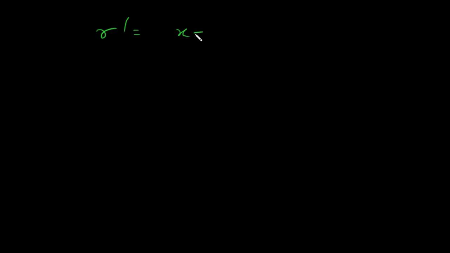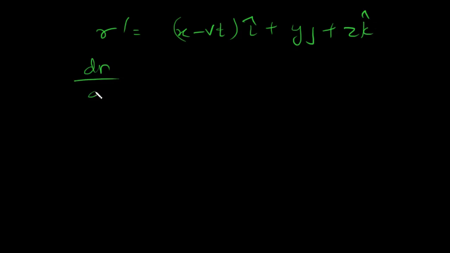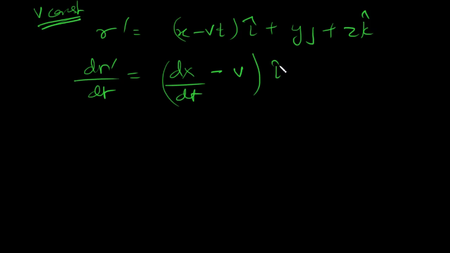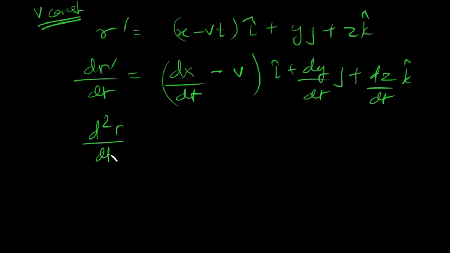So what would be dr dash by dt? I have assumed v as constant. So this would be dx by dt minus v, and this would be i plus dy by dt j plus dz by dt k. And what would be the double differential of this?